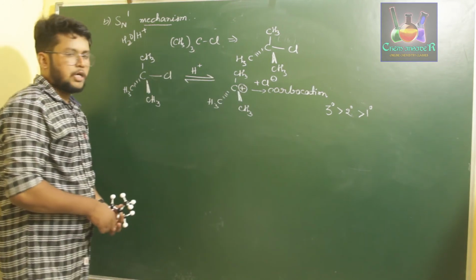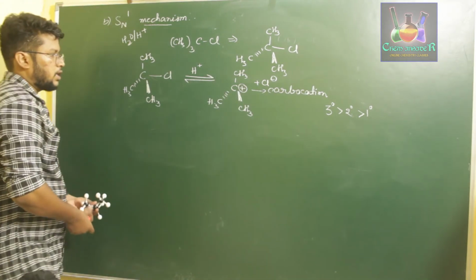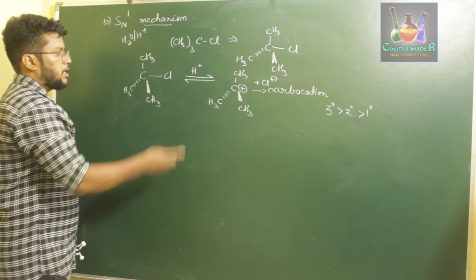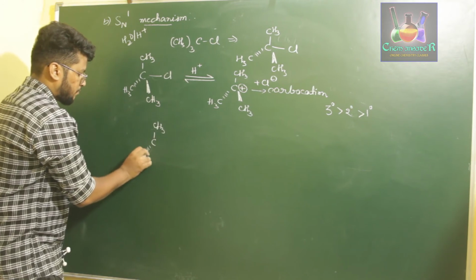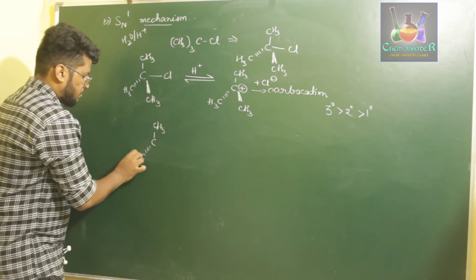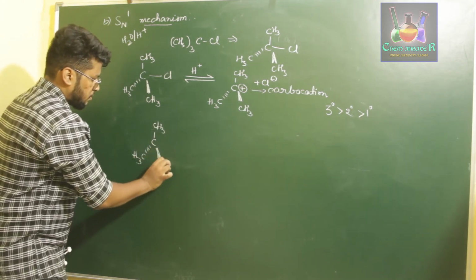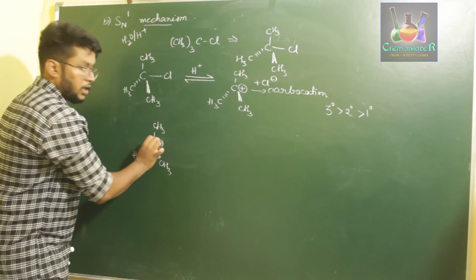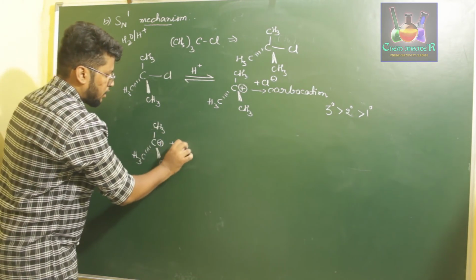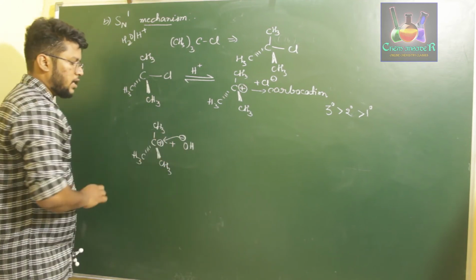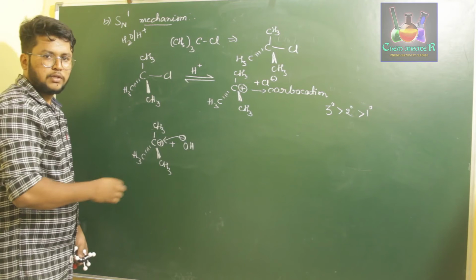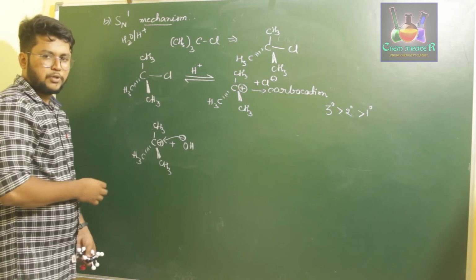Since we have created a carbocation, now we can attack this carbocation with our nucleophile. So that is CH3 with carbocation, and the incoming OH minus ion can attack this carbocation from the side where the leaving group left this methyl tertiary butyl chloride.